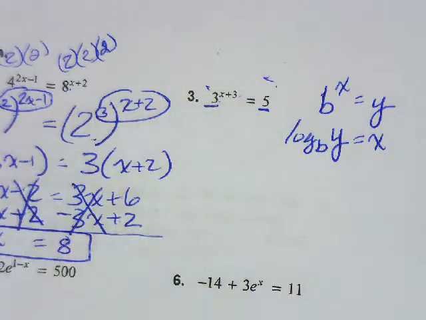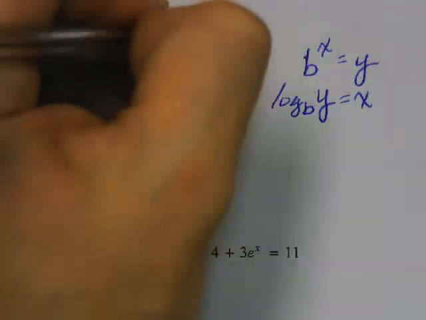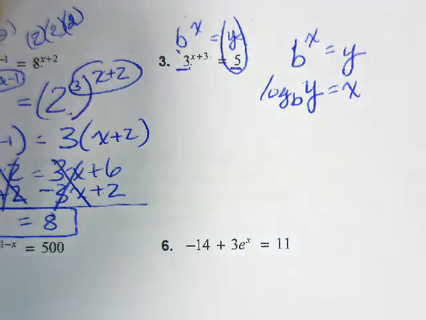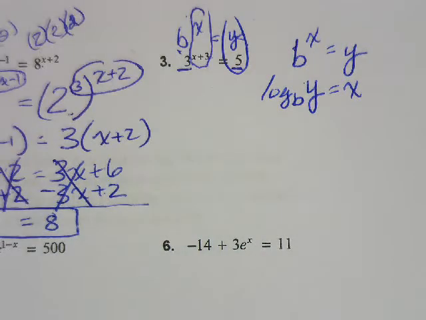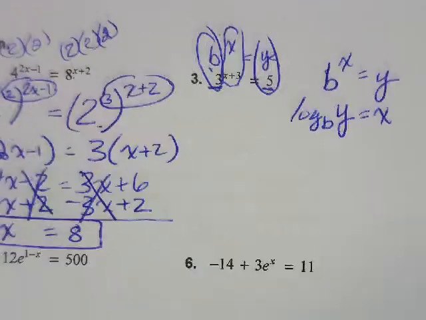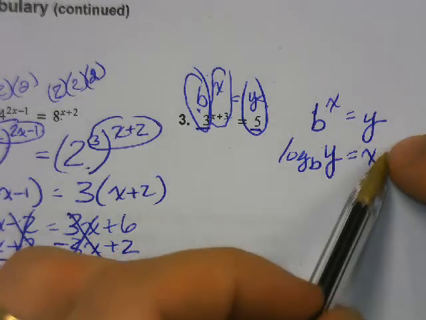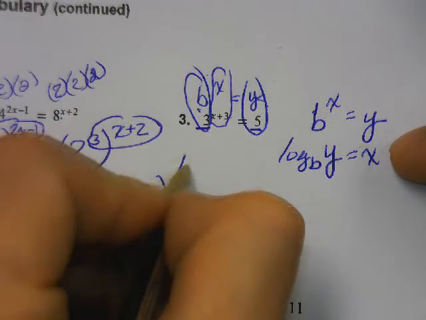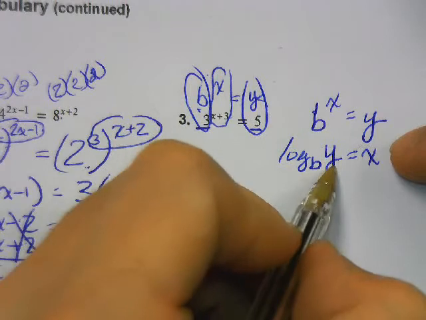So if this is b to the x equals y, that means y is 5, x is x plus 3, and b is 3. So we're going to take these variables and substitute into our equivalent. So log, b is 3, y is 5, and x is x plus 3.